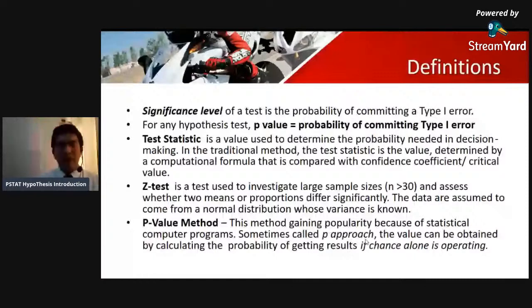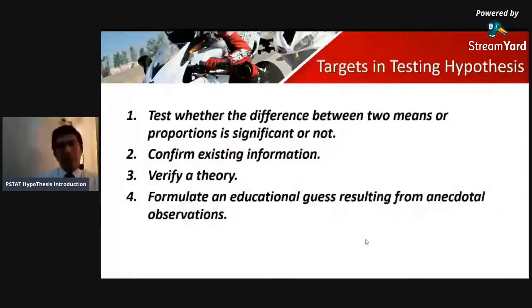For the p-value method, we use the probability approach. The target in testing hypothesis is to test whether the difference between two means or proportions is significant or not. That's why we have the terms significance level and confidence level.